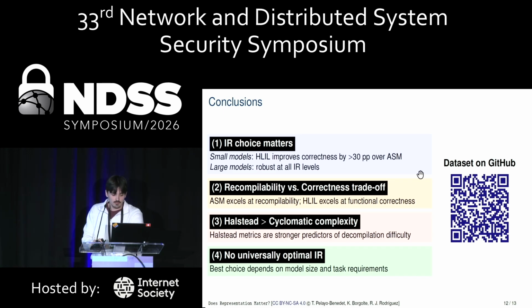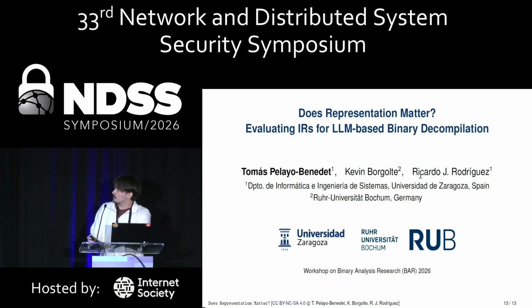Also, there is a trade-off: assembly produces more compilable code, but the high-level representations produce more functionally correct code. Also, we can see that the Halstead metrics are a stronger predictor of compilation difficulty, and we can say that there is no universal optimization that fits all tasks. So basically, that's my presentation for today. If you have any questions about the presentation, you can ask now.